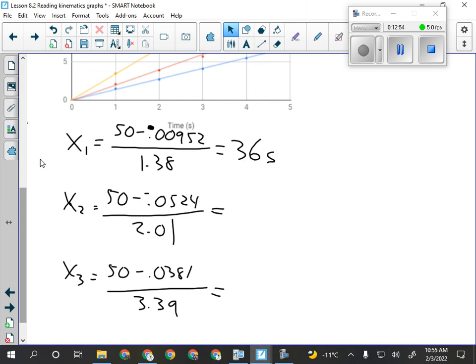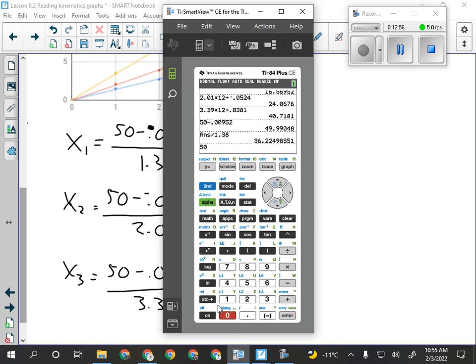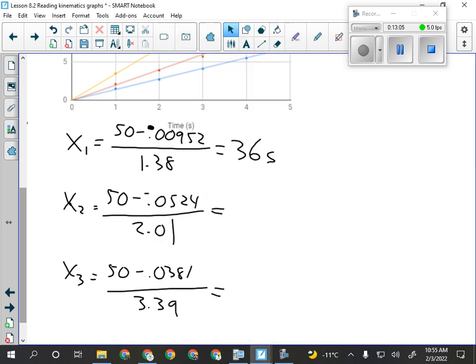For our second one, 50 minus negative 0.0524 divided by 2.01. All right, 25 seconds.